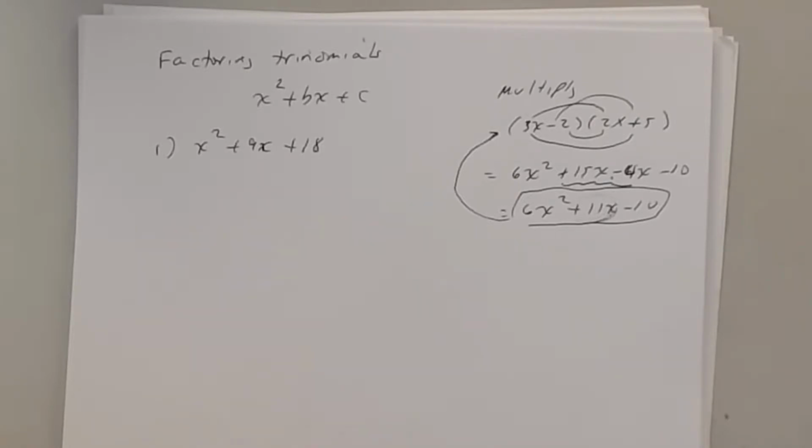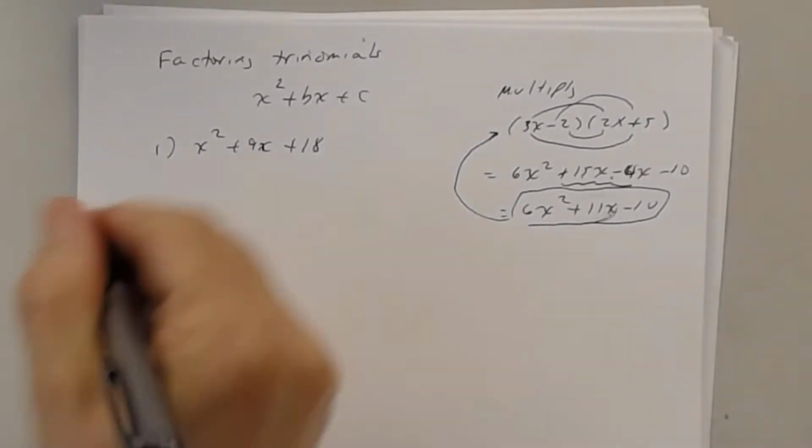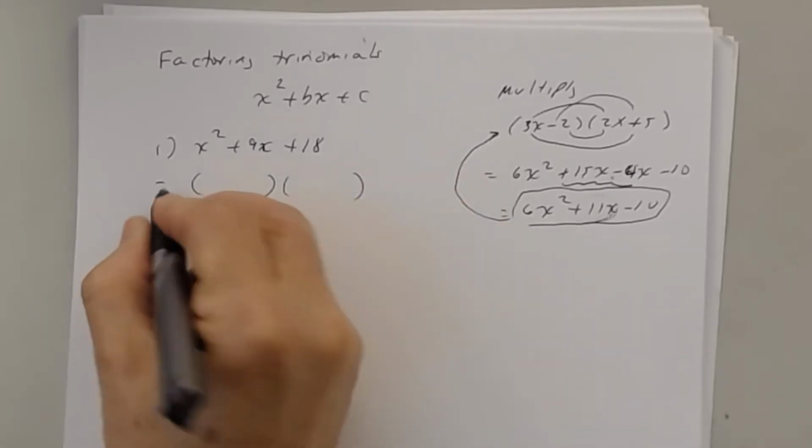Now notice, what's the coefficient of x squared? 1. Coefficient of x squared is 1. That's the easy kind of trinomial to factor. First of all, though, you always have to find the GCF of your polynomial. What's the GCF? 1. All right. So since it's 1, I'm not going to factor out a 1. So we're going to put 2 binomials, just like this.